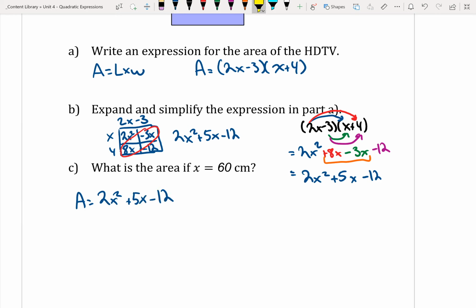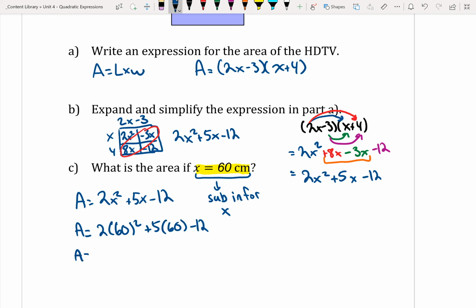And we're told now that x equals 60 centimeters. So we want to know what our area is. So what this means is we have to sub this in. So we're going to sub in 60 for x and then solve. So area equals 2 times 60 squared plus 5 times 60 minus 12.